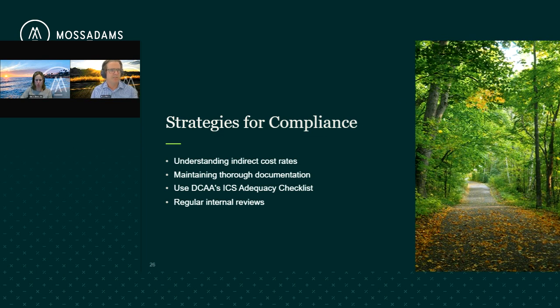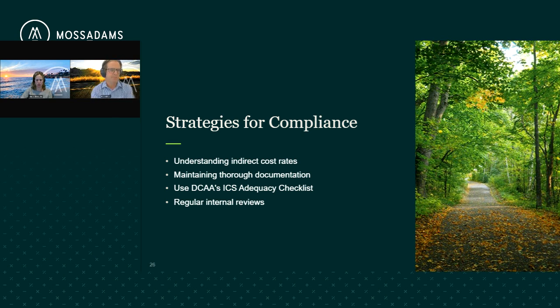So next we're going to move on to strategies for compliance. Compliance is a big word that you hear often in government contracting, and for the ICE model, the key thing is it's essential to have a solid grasp of the indirect cost calculations and maintain comprehensive documentation. The government is all about documentation.